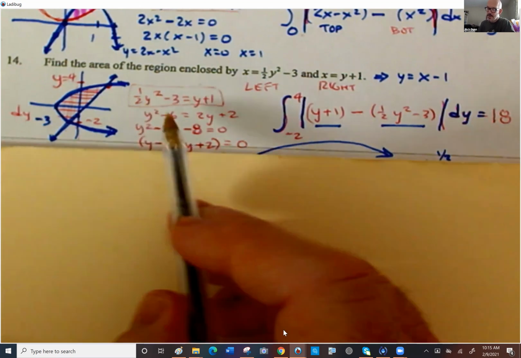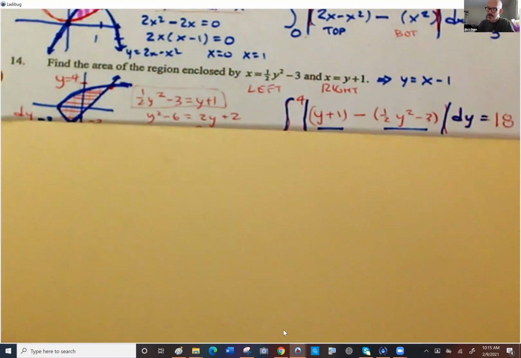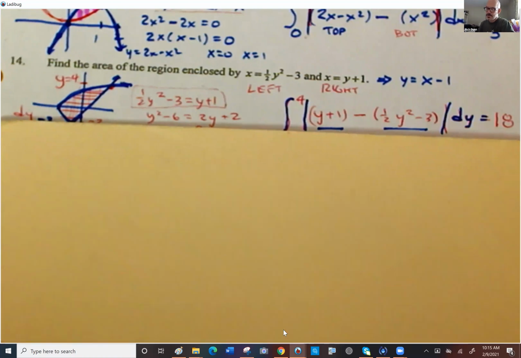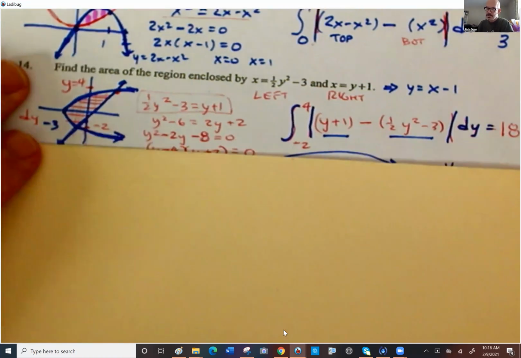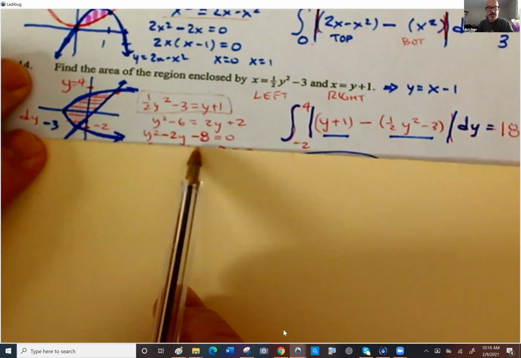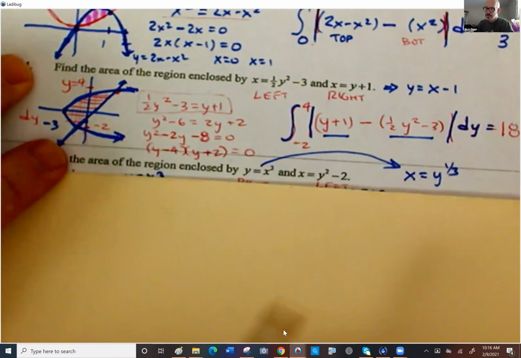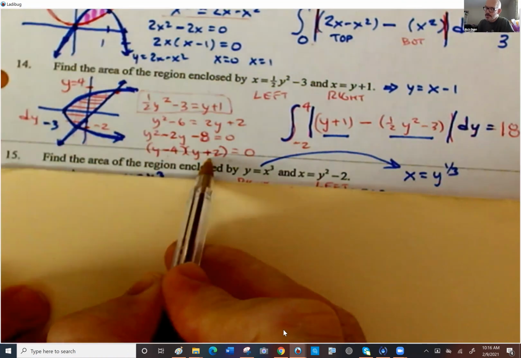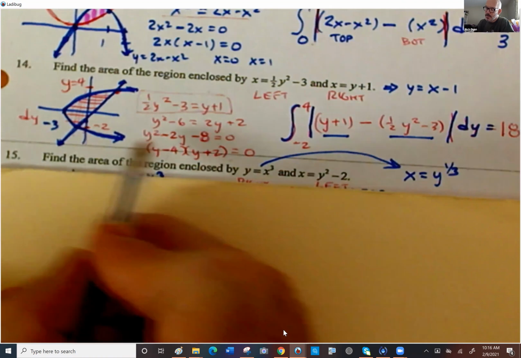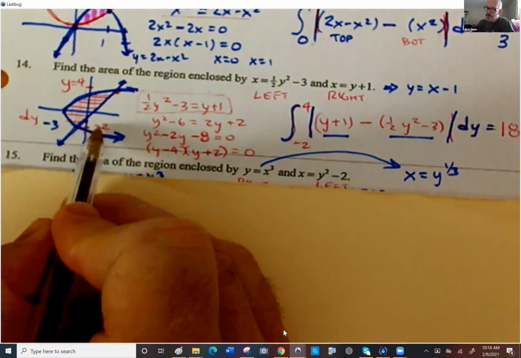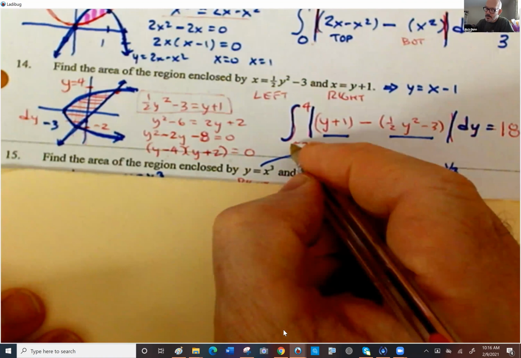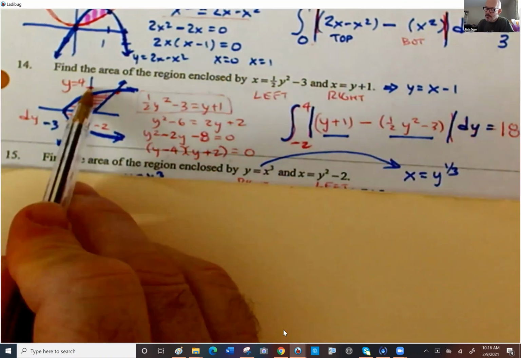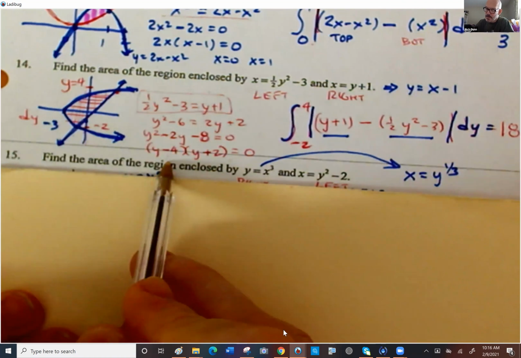First thing I did was multiply both sides by 2 to get rid of that 1/2. Then moved everything to the left-hand side. Y squared minus 2y minus 8 does factor. That factors to y minus 4, y plus 2, which gives us the two intersection points at y equals -2, our bottom boundary, to y equals 4, the upper.